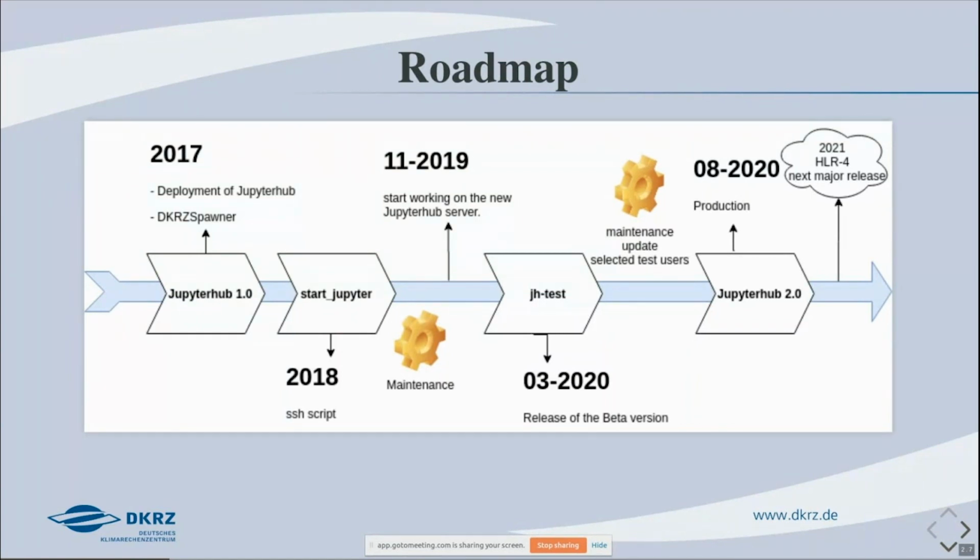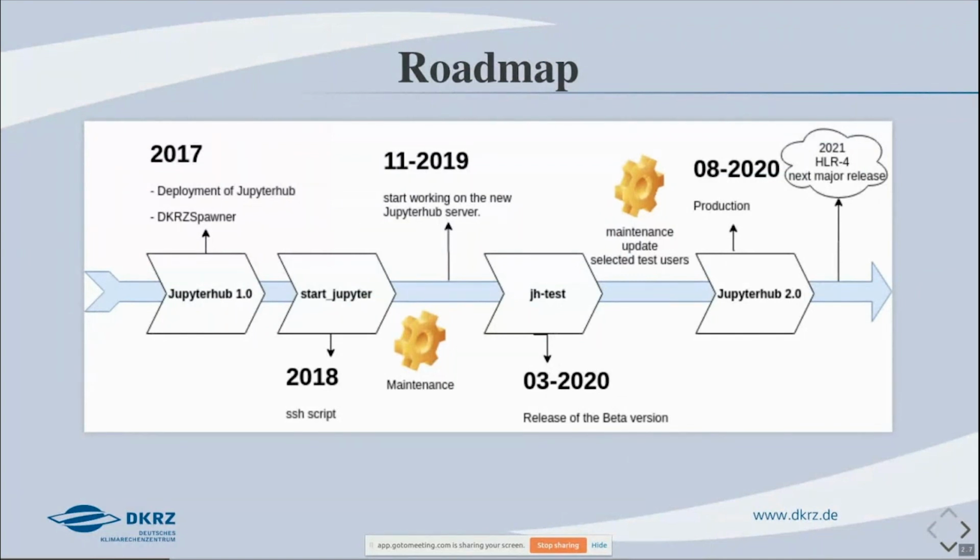At the end of 2019, it was decided that we had to bring more features and make an upgrade based on user requirements. In the beginning it was a little hard to work on the same machine, so we decided to start from scratch. Now the new JupyterHub has its own machine, or rather virtual machines.